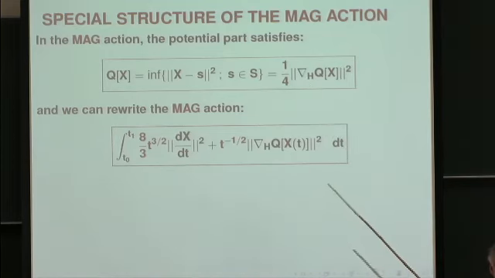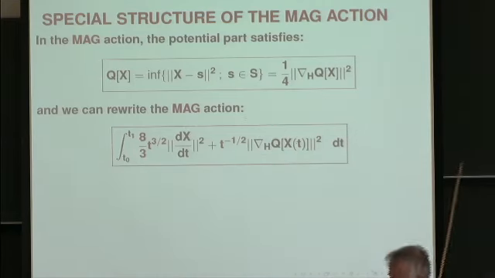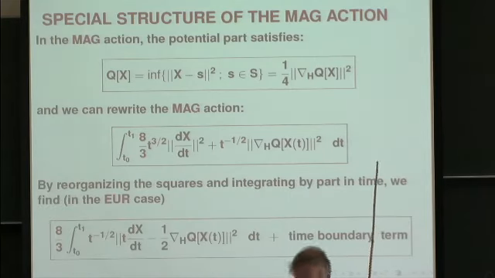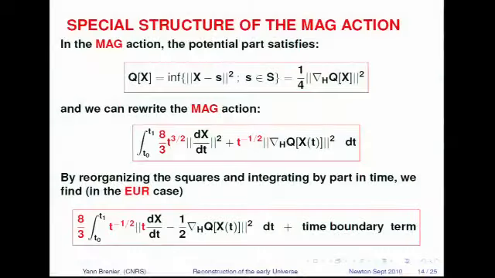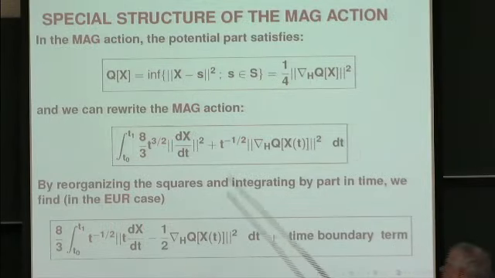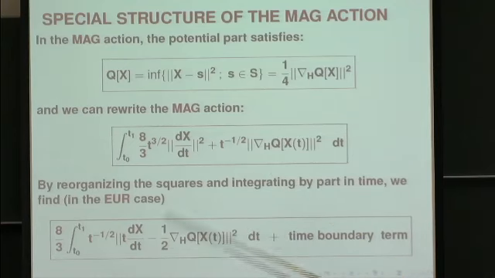So what's the point with this? The point is that now we have an action made of two squares, the sum of two squares. And this is advantageous because actually we can rewrite the sum of these two squares as a single square. And why is it so? Because when we do the expansion integrating by parts, we see that the difference between these two expressions just involves the boundary in time.